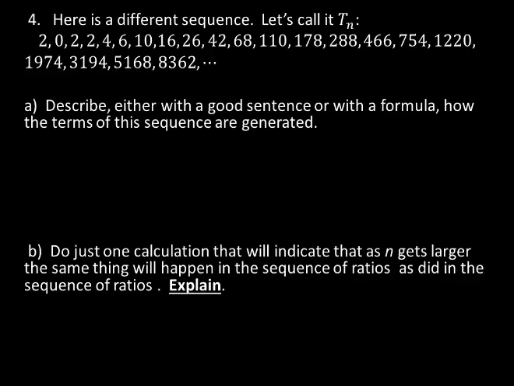Describe either with a good sentence or with a formula how the terms of this sequence are generated. One thing I hope you got in this class is that it is hard to write about mathematics if you don't have mathematical notation.